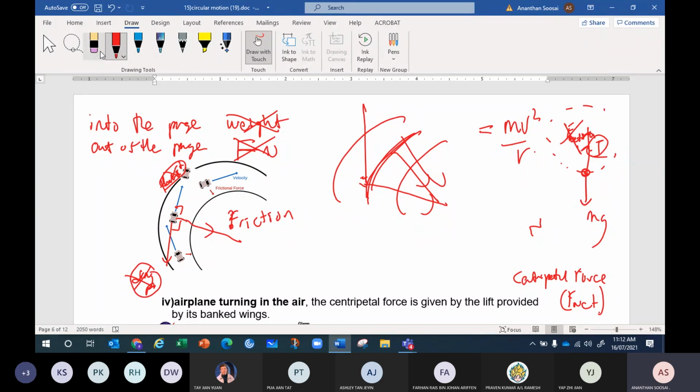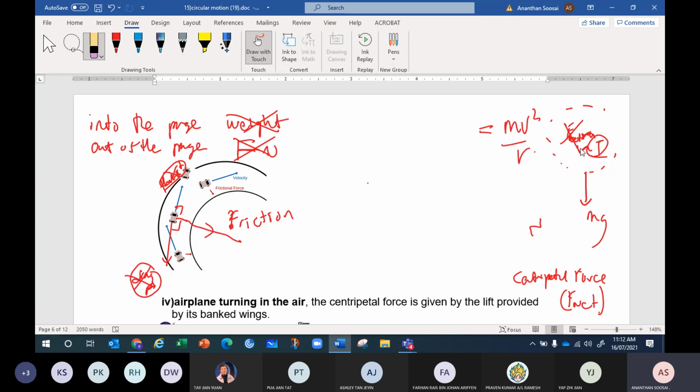Okay, so now let's go back. What equals FC for this system? It should be the friction, right? The only force acting is the friction.